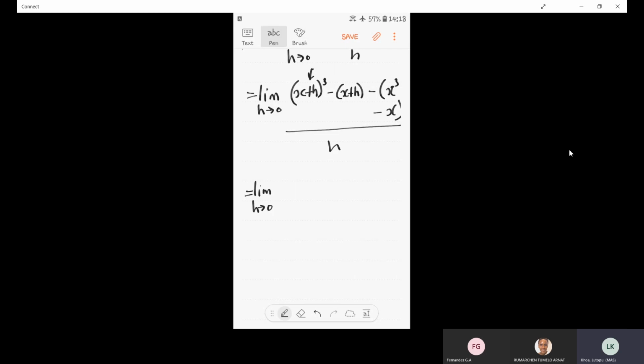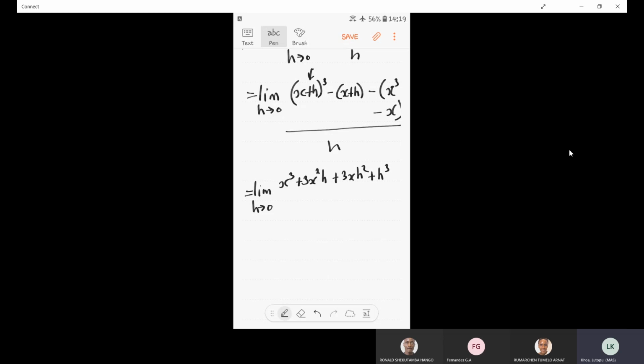When I expand that, I will have x to the power of 3 plus 3x squared h plus 3x h squared plus h to the power of 3. So that is the expansion. See the coefficients, I have 1, 3, 3, 1. The powers of x are decreasing and the powers of h are increasing. So x starts from 3, 2, 1, 0, and h starts from 0, 1, 2, and 3.